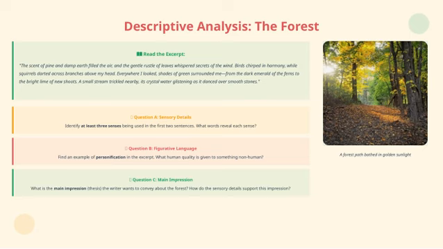The sensory details, smells, sounds, and sights, support this by creating a rich, immersive experience that makes us feel as if we are right there, surrounded by the sights and sounds of this thriving natural space. Remember, the goal here is to see how descriptive language invites us into the scene and helps us understand the overall mood or impression the writer aims to evoke.